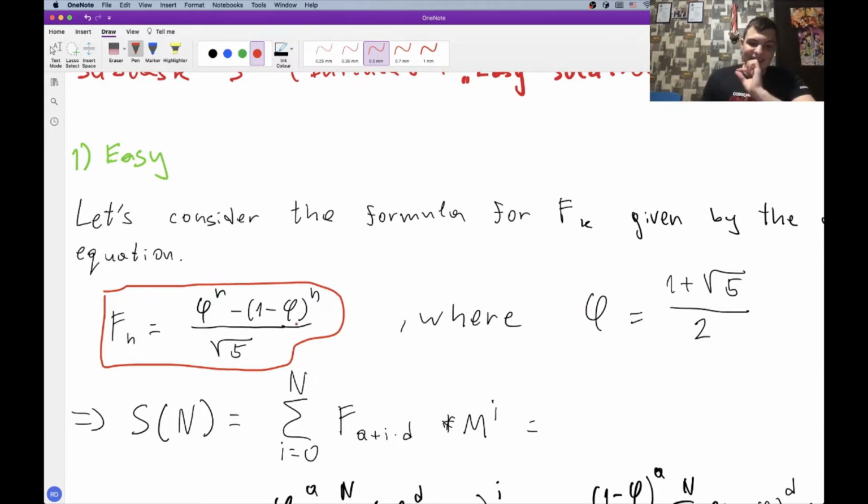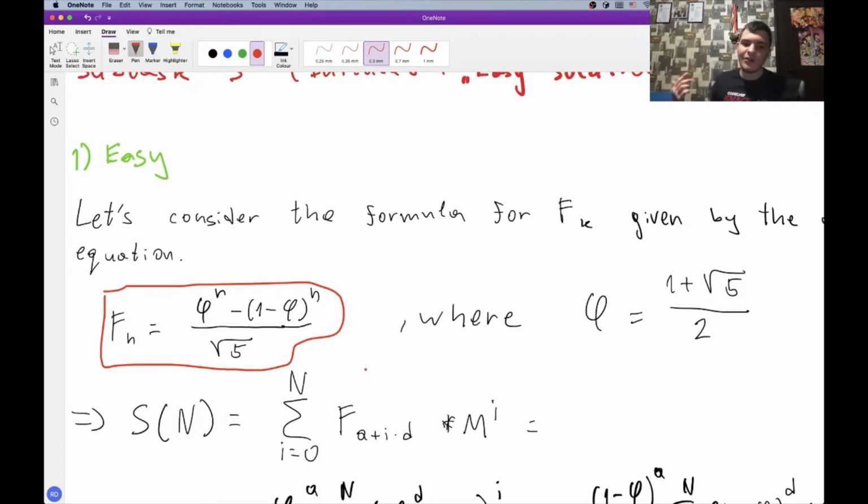So the thing is that obviously phi is irrational because it contains square root of 5. And if you use this definition, you'll be working with floating point numbers, which isn't the best thing because in general we have some modulo and we want to work with it. Also, unfortunately, for some moduli, square root of 5 will exist, so there'll be some number k such that k squared is equal to 5 modulo m.